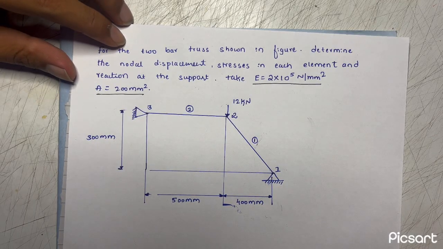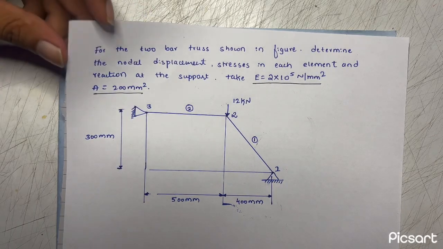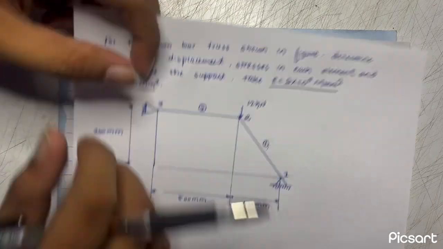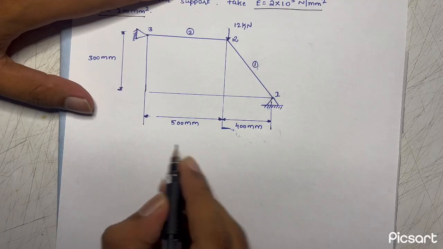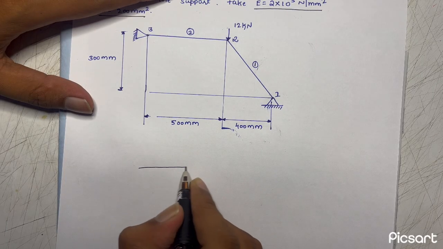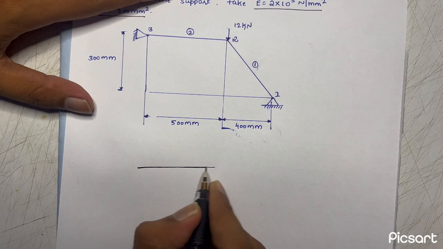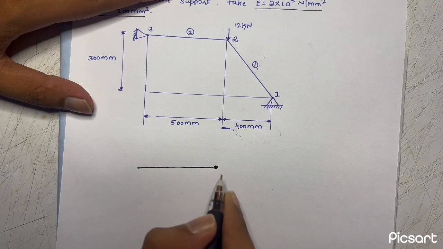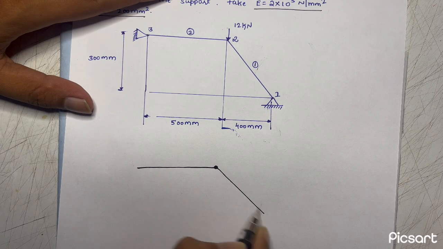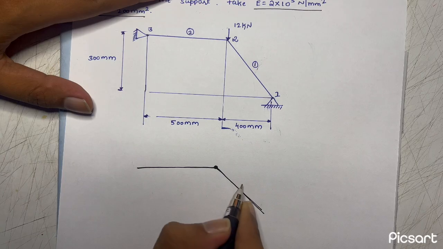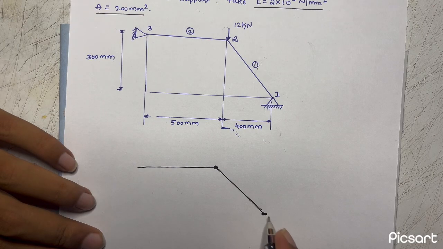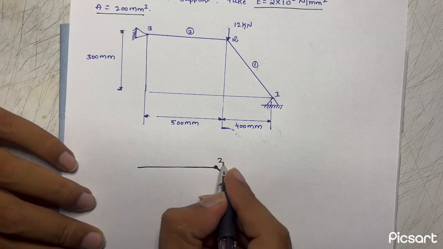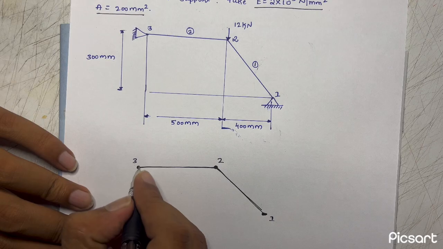If you construct the same line diagram, it will be like this: this is element 2, here this is node 2, and this is element 1. Here at this point this is node 1, node 2, and this is node 3.